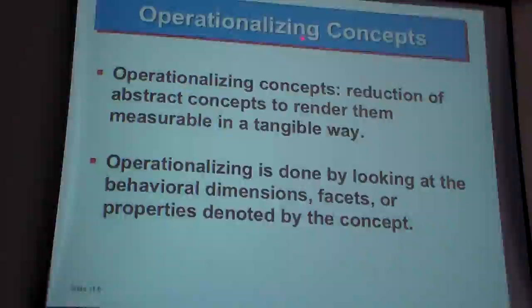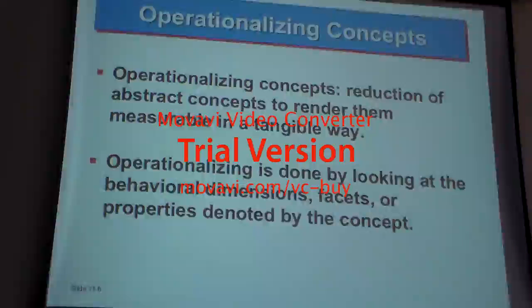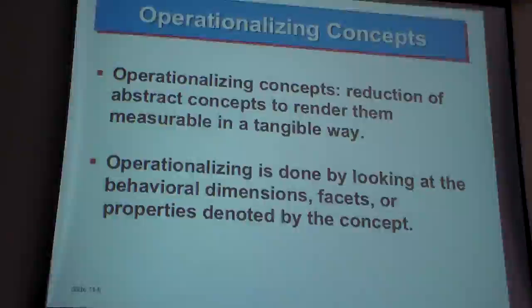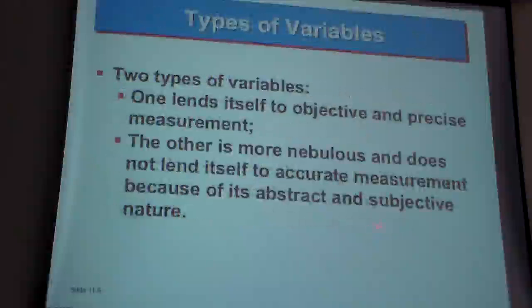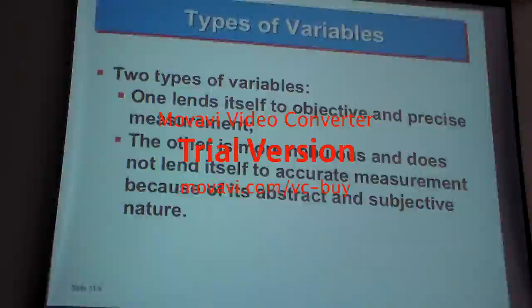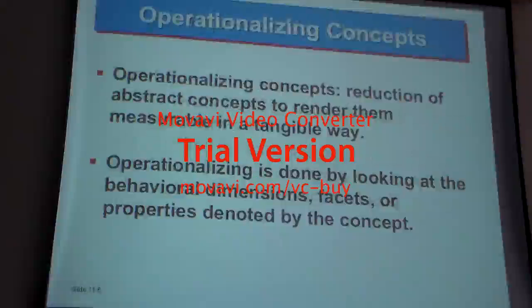Okay. This is what we call operationalizing concepts. First, we will deal with this concept in a way that transforms it into something that we can measure, because in this case it's not measurable. We cannot give a precise measure, because it is subjective. You cannot say it is exactly this. So we need to operationalize concepts.